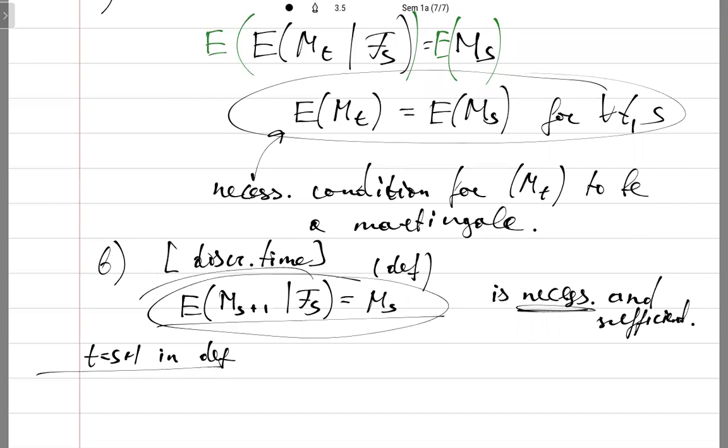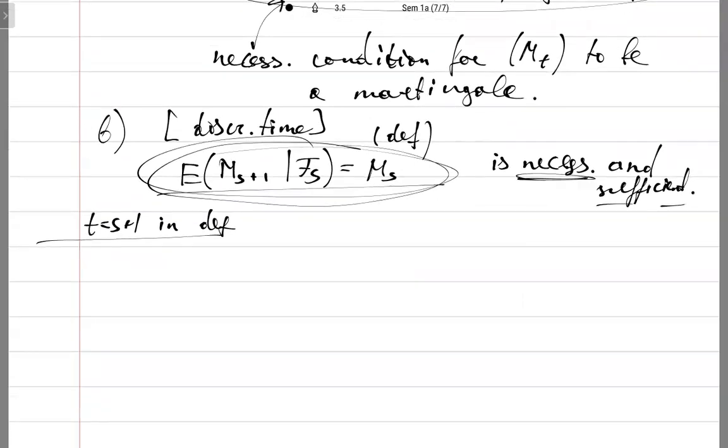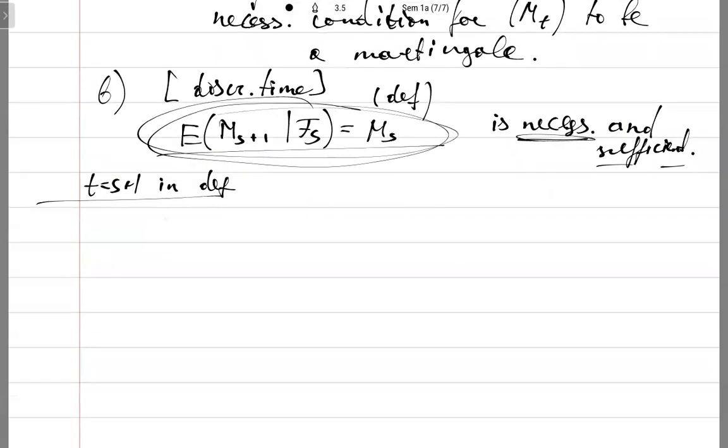And this property is much easier to check than the general one we have used, because you do not consider all future t, you just consider one step ahead. So let's prove that it is sufficient. Sufficiency proof.